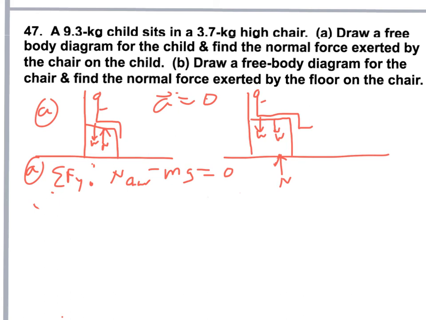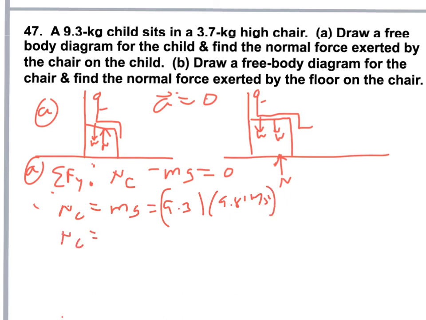So the normal force of the chair equals mg, where m is 9.3 for the child, times our 9.81 meters per second squared, and that gives us the normal for the child equals 91 newtons.